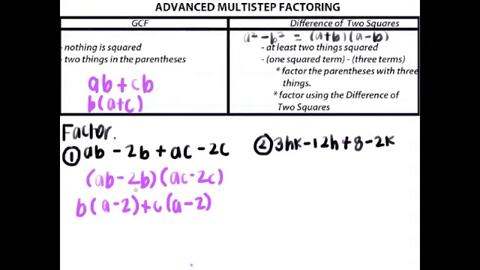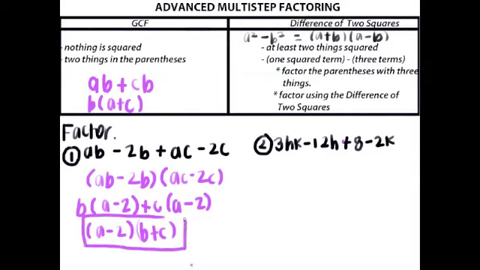What we've created is a problem just like yesterday, where they both have an A-2 in common, right? So we write the A-2 out here in the front, and then what's left is a B plus C that we group together. So the final factoring for this is A-2 times B plus C.